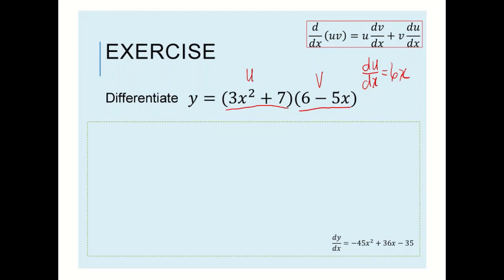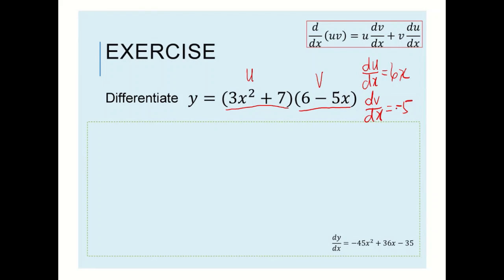Now using the formula, first we take u, the first function, so we write dy/dx equals 3x squared plus 7, this is the u.